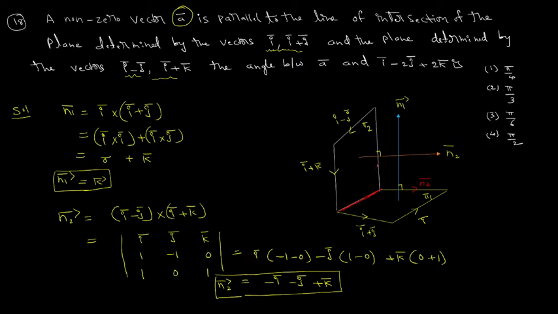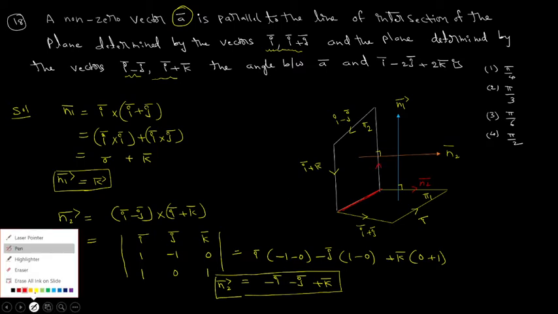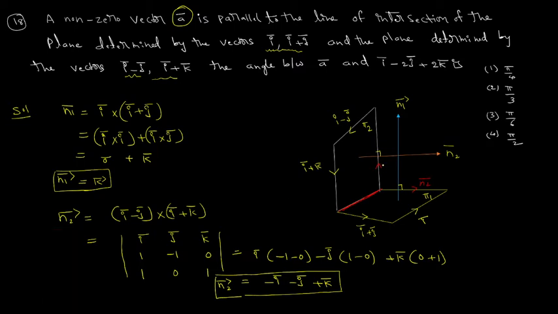This line is exactly perpendicular to both n1 bar and n2 bar. That's why it represents n1 bar cross n2 bar. This is the line of intersection of these two planes, which represents the vector n1 bar cross n2 bar.